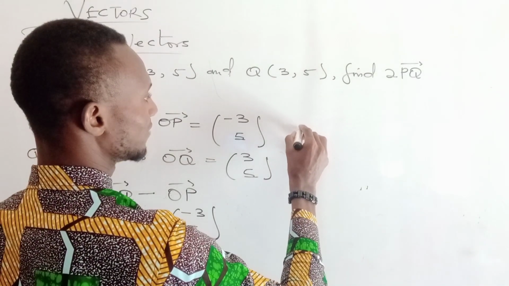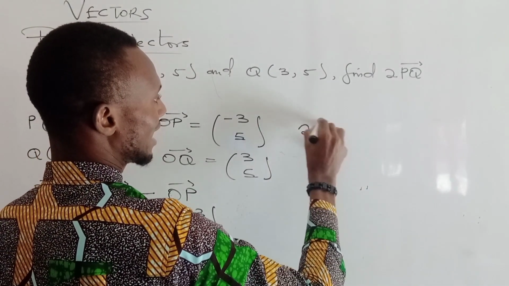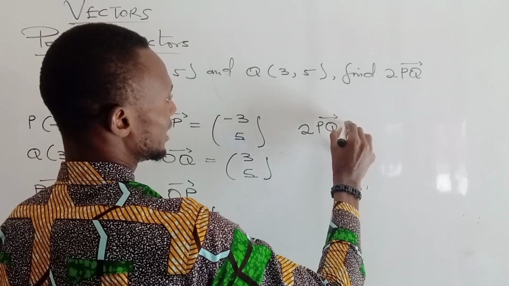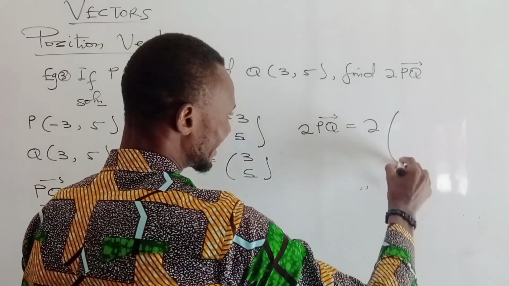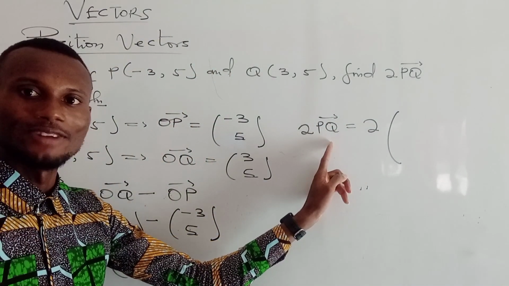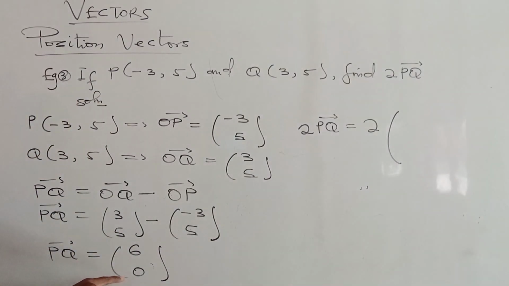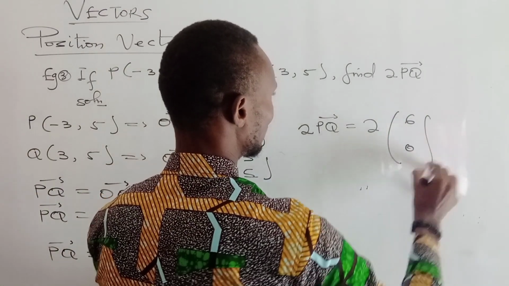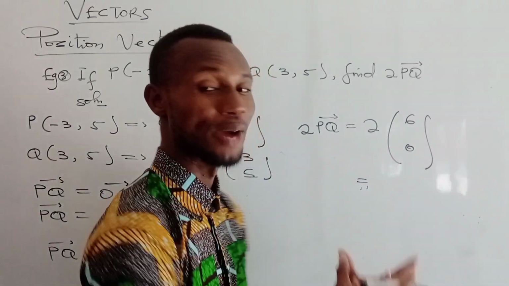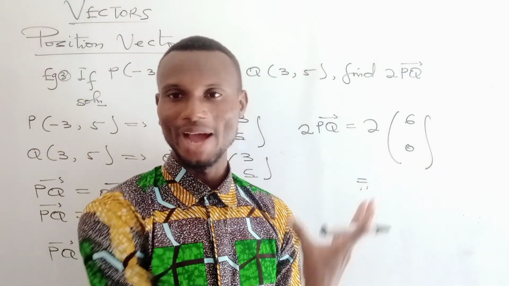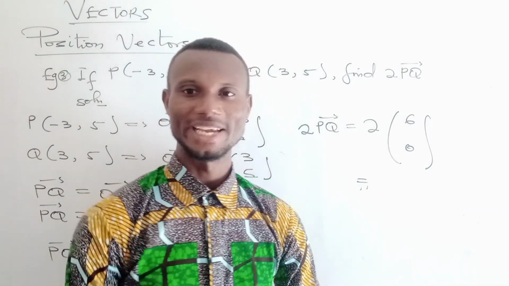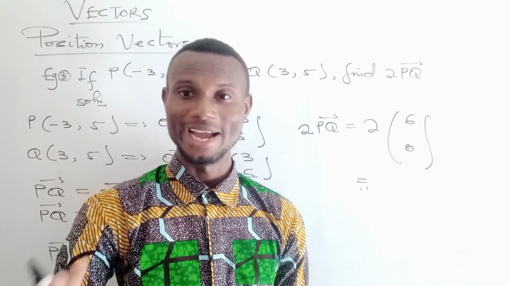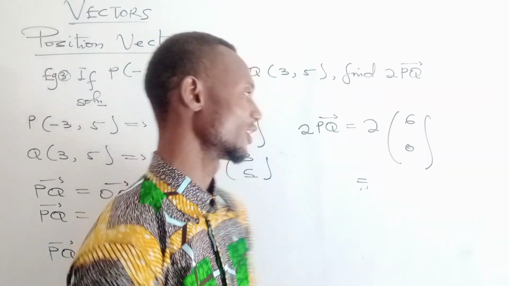To get my 2 times the vector PQ, it's going to be 2 times the value of vector PQ. Vector PQ is (6, 0), so I'll bring my (6, 0). Then we simplify. This is a multiplication of a vector by a scalar, which I've taught you in the previous video, so we are applying that knowledge to solve this.